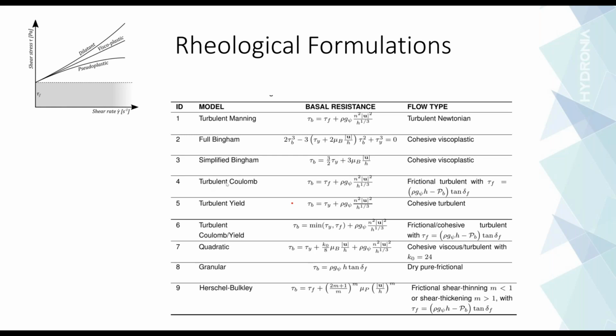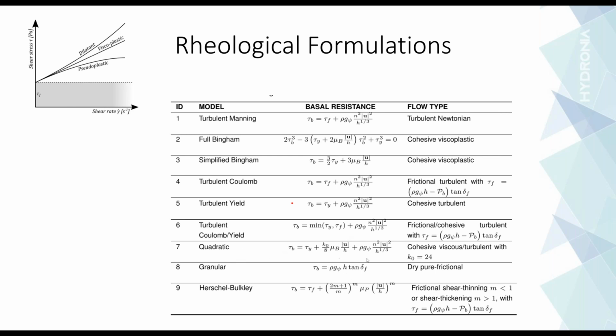In this case, when you have concentrations below approximately 15%, the flow behaves as a standard Newtonian fluid. And when the concentration of the material is above 15%, then the material behaves as a turbulent Coulomb or turbulent Coulomb yield rheological formulation.